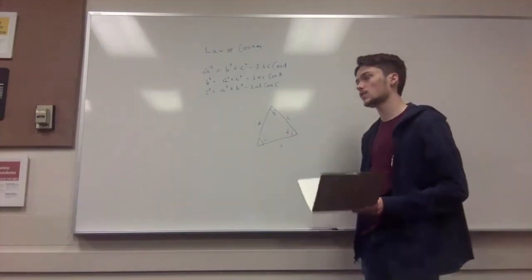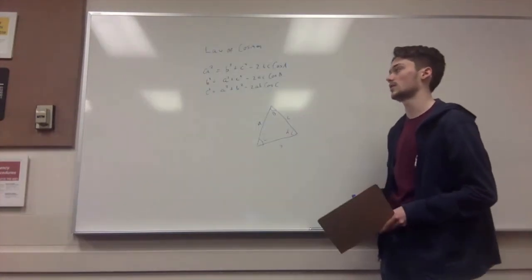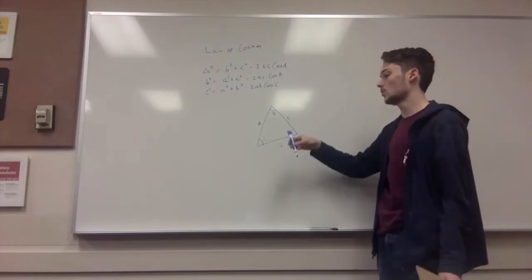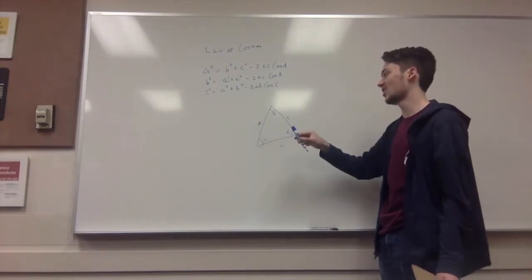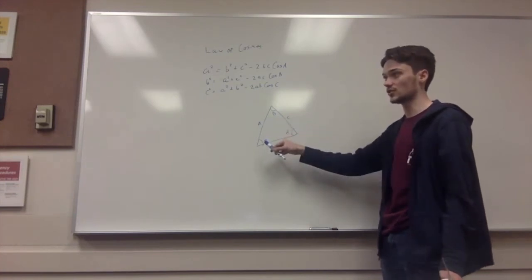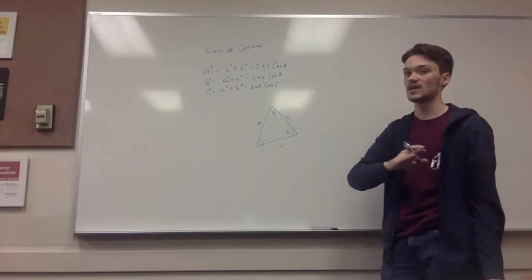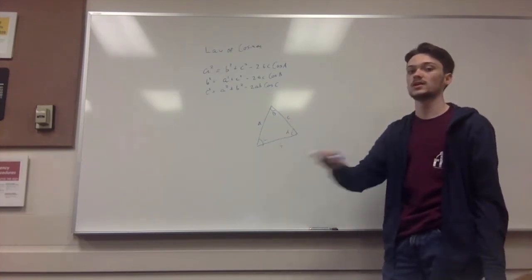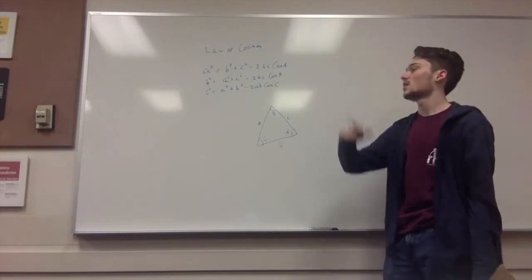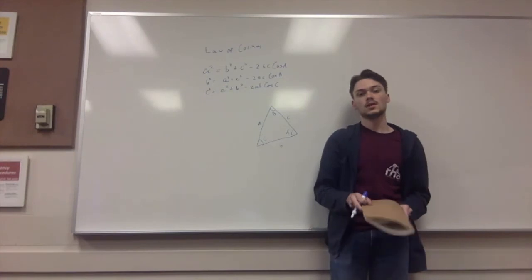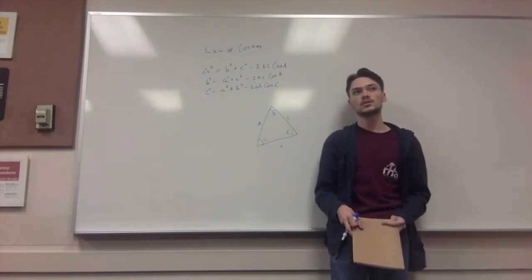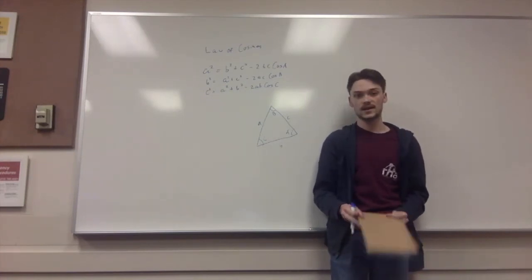Now, the law of cosines follows the same situation as the law of sines, where the corresponding angles and sides are opposite each other, except instead of just having one simple, pretty, beautiful equation, we have three of these monsters. Now, a good thing to remember is the law of sines is generally used when you want to find an angle.